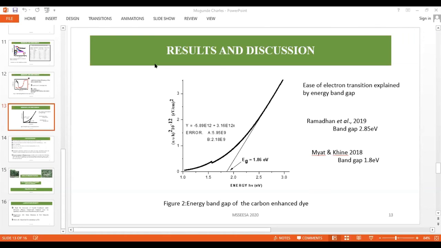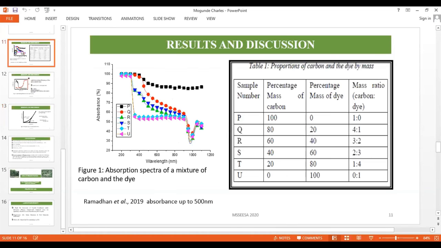Thank you. Have you studied the dye separately as a single entity before you start looking at it mixed with the carbon? Yeah, without mixing with the carbon, there is a result in slide number 11. Can you go to that slide, please? So where you have the dye, sample label U. Okay, U, yes.